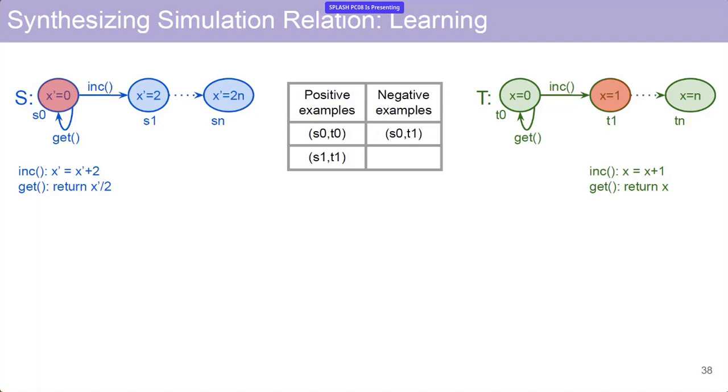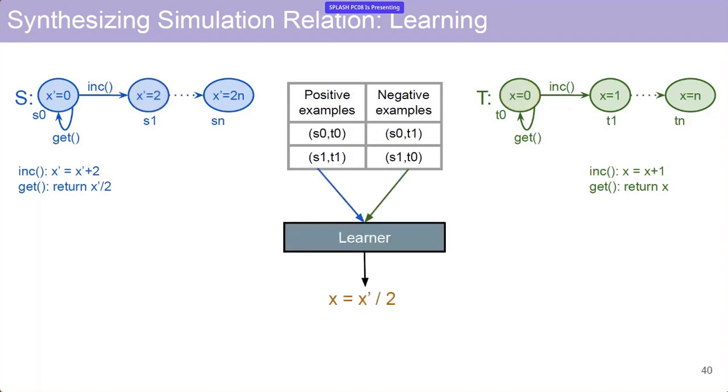So with lockstep execution, we reach observationally different states. And similarly for S1 and T0. So here we generated a set of positive and negative examples. We use a data-driven learner to separate between these two sets. For this example, taking x equals x prime divided by 2 will separate between these two sets of examples.